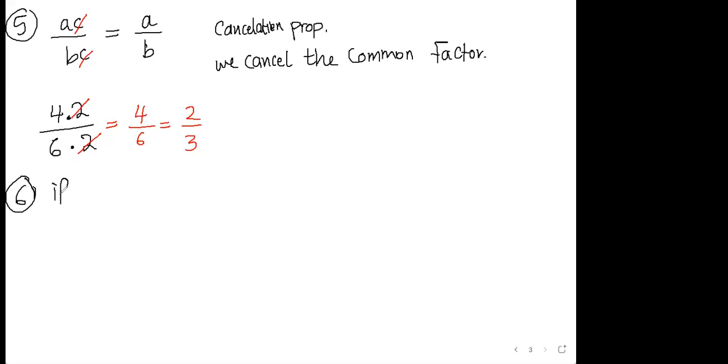This one is called, if I have, for example, 2 fractions equal to each other, A over B equal to C over D. If this fraction is equal to this fraction, this means that A times D is equal to B times C. Who will give me examples that achieve this property?